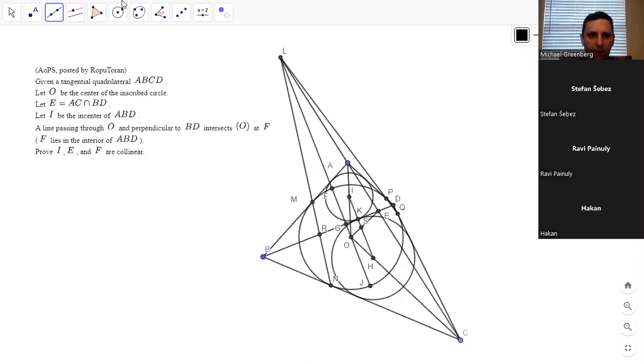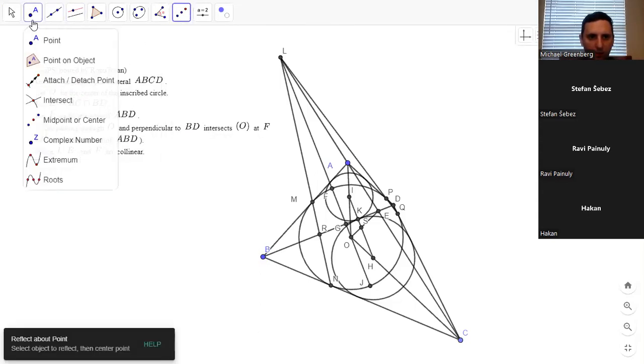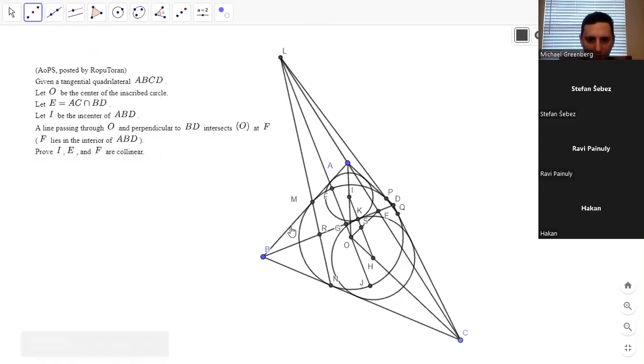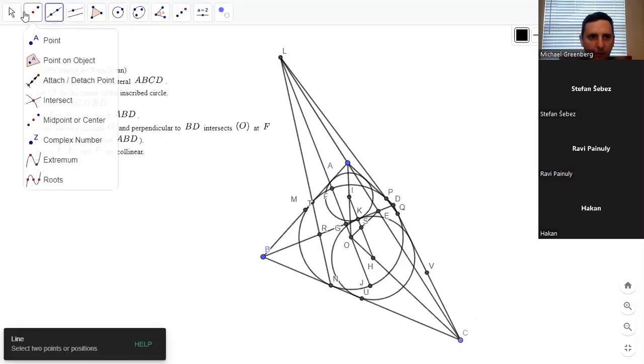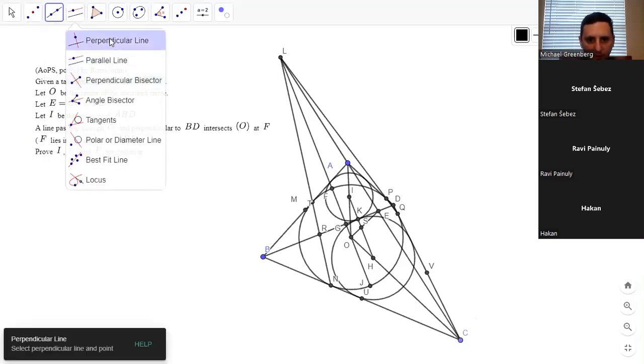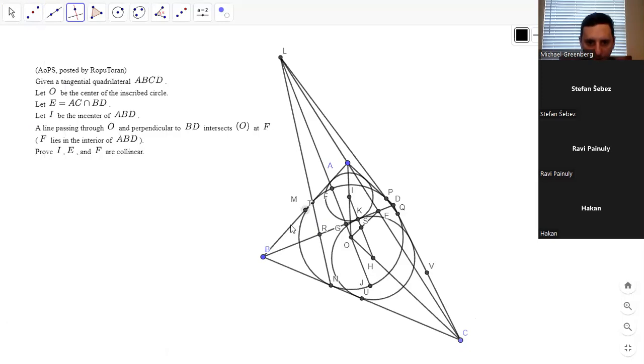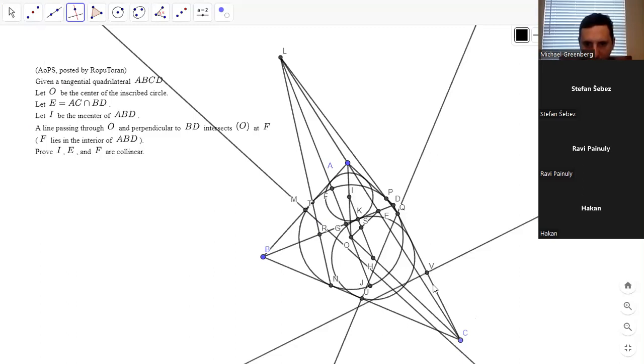Oh, you know what? If I draw these four midpoints, and then I take the perpendiculars, that's not what I thought.